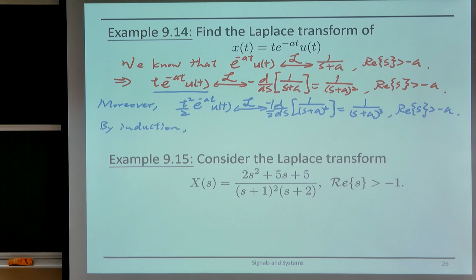By induction, you can find that t to the power n minus 1 over n minus 1 factorial e to the minus at u of t has a Laplace transform that is 1 over s plus a to the power n, with the real part of s greater than minus a.